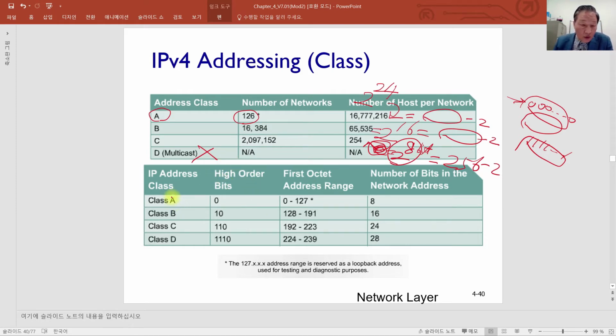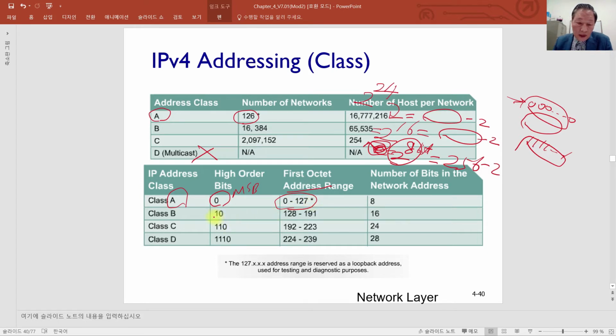Okay, in other words, this one explains IP address class A again, with high order bits. The first bit, the MSB, is 0. And the first octet, the first byte address range, as we learned and observed in the previous slide, is this range.